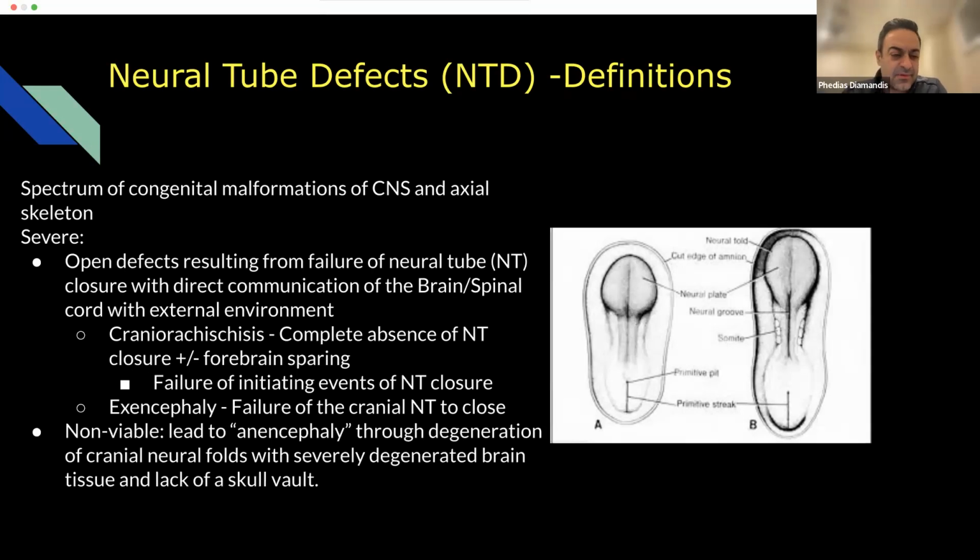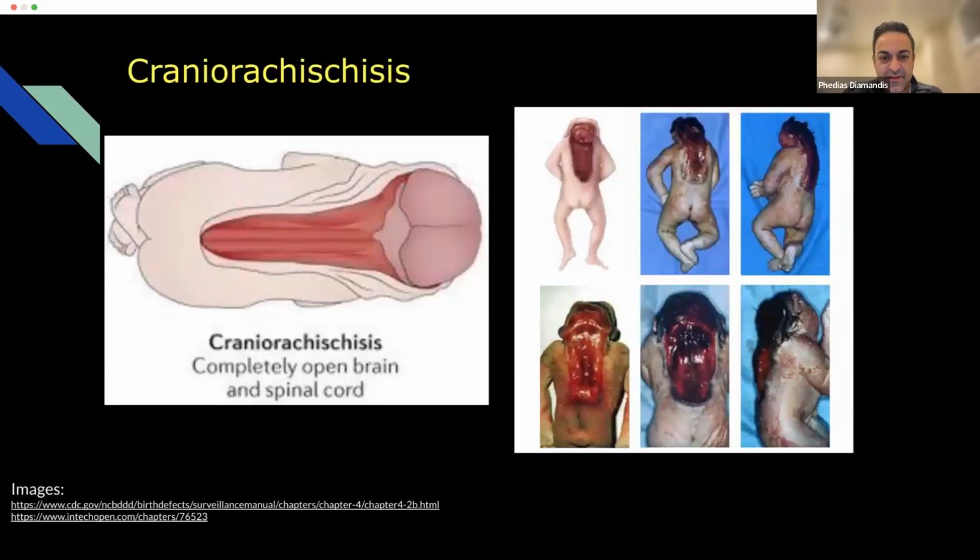These are non-viable, so they lead to degeneration of the neural tissue of the brain and a process called anencephaly. The brain does not develop. There's a defect in the skull, and therefore the fetus is not viable.